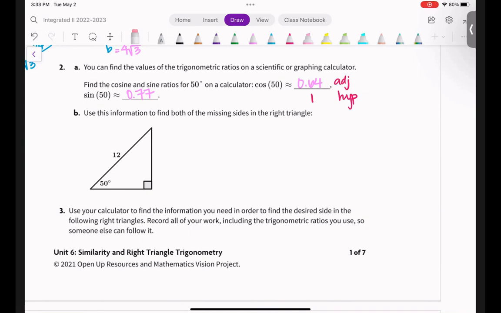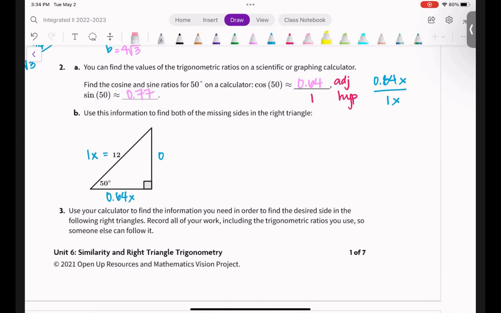So I'm going to write this as 0.64x over 1x. So I'm going to go over here and write 50 degrees is adjacent, Ms. Johnson. 0.64x equals 1x. And the hypotenuse is 1x.